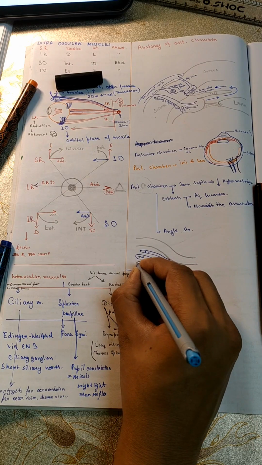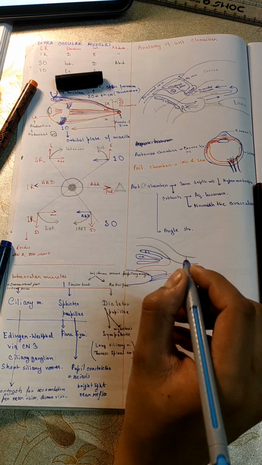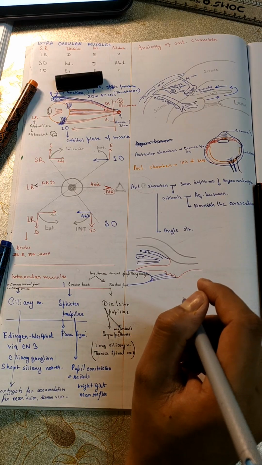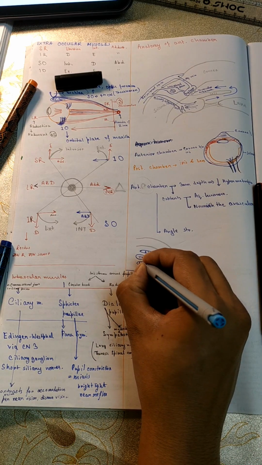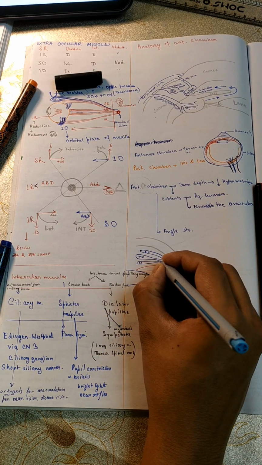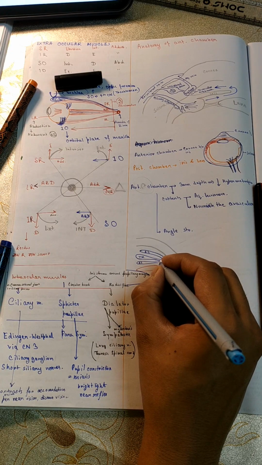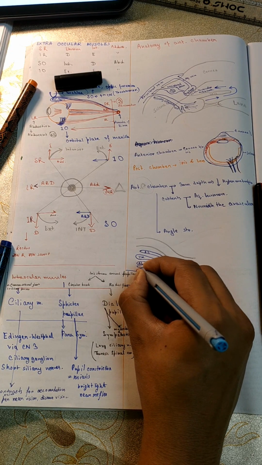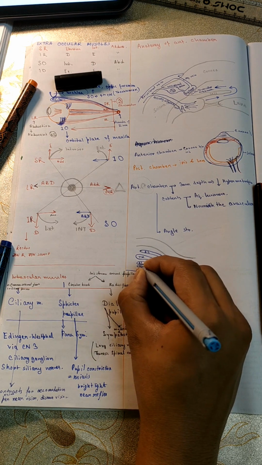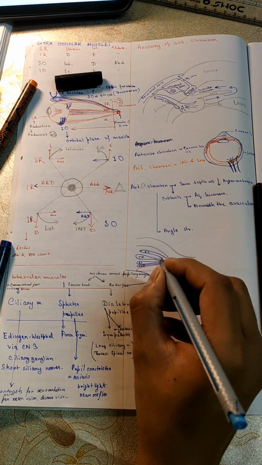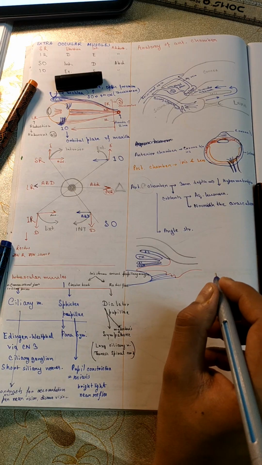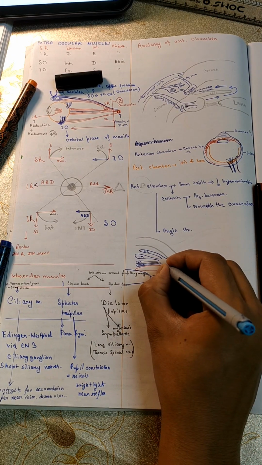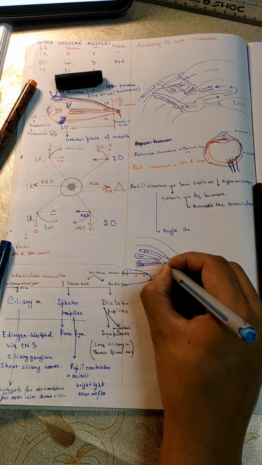Next is SS, that is, what is that? Scleral spur, SS. Next is CBB, that is ciliary body band. And the last one is root of iris. This is the root of iris.